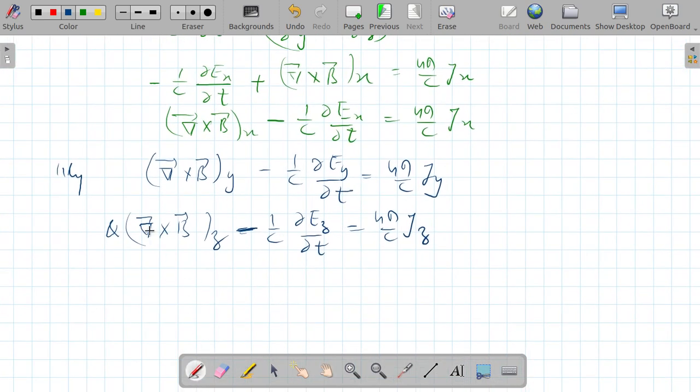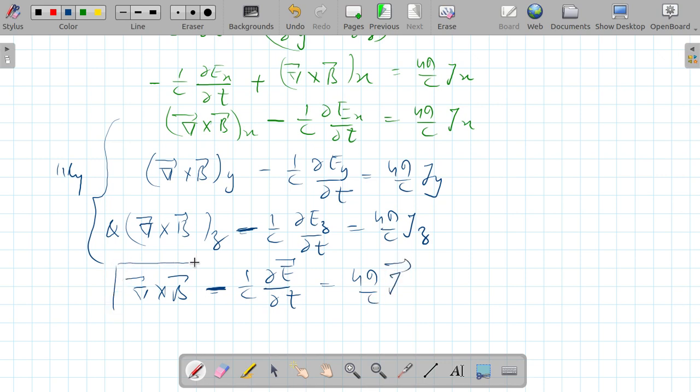So if we club all these three results, then we can write ∇×B − 1/c ∂E/∂t is 4π/c times the J vector. This is another form of Maxwell's equation.